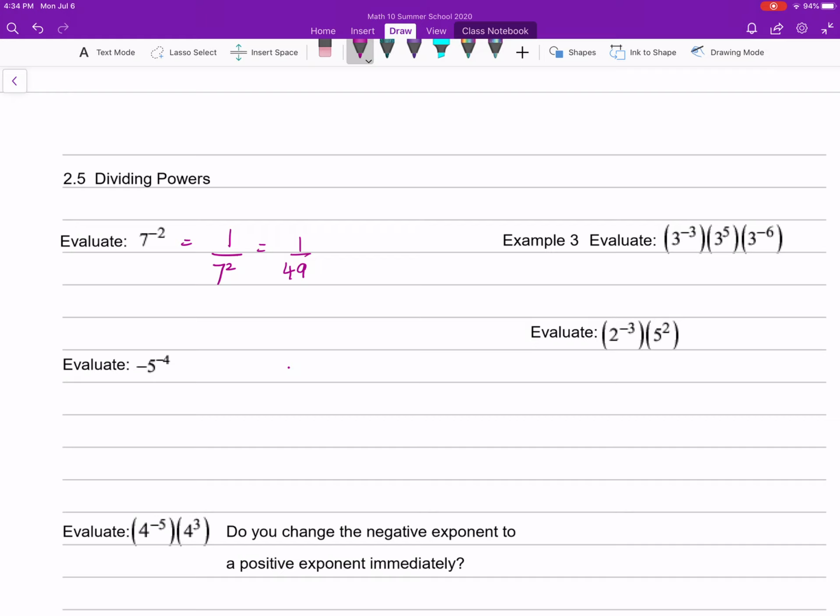Now next, negative 5, and 5 is raised to the power negative 4. Now it's not in the bracket, so I can write it as negative 1 times 5 to the power negative 4, which will be negative 1 times 1 over 5 to the power 4, which is negative 1 over, when you use that in your calculator, 625.